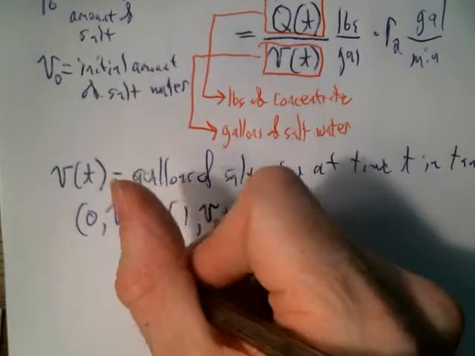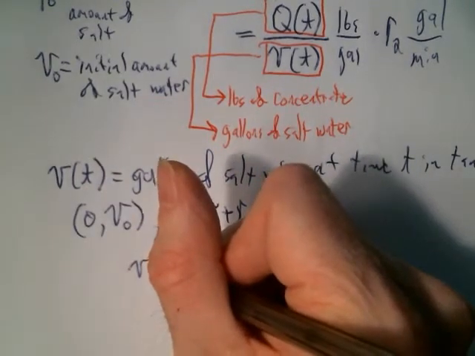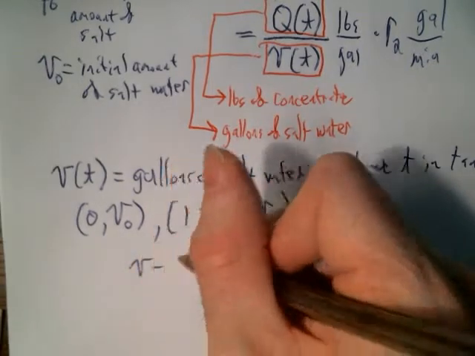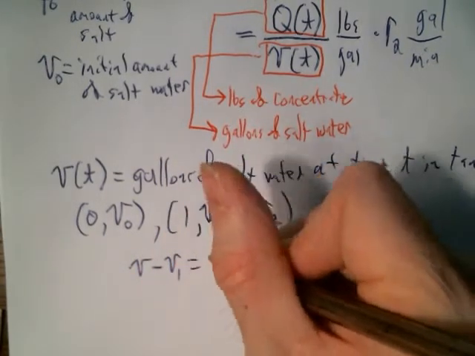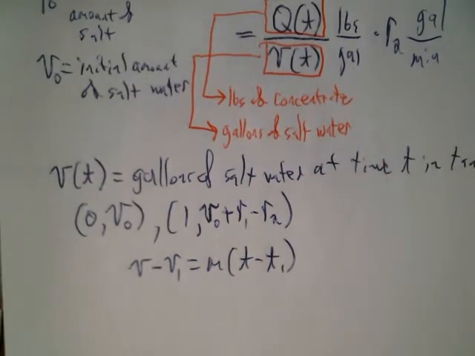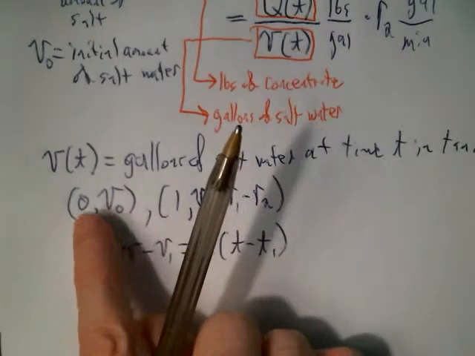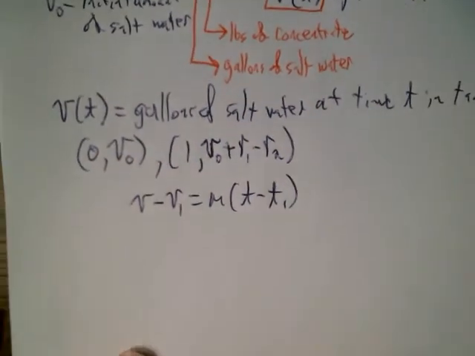Our formula for V of t will be the point slope formula: V minus V1 equals M times T minus T1. All we need to do is figure out the slope, and then use this point in the equation.